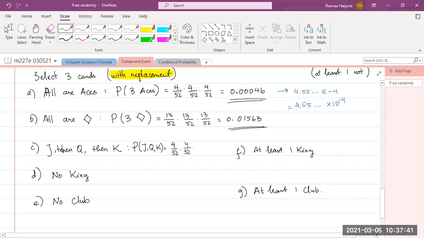If you don't put it back, then you will have 4 Queens out of 51 cards. And then King will be 4 out of 52 again. The result is 0.00046. Notice that this is the same configuration as 3 aces.